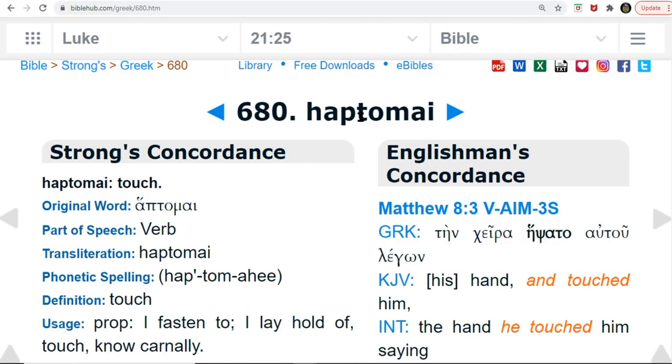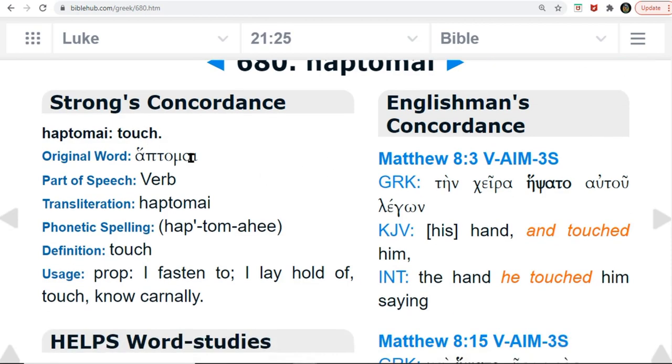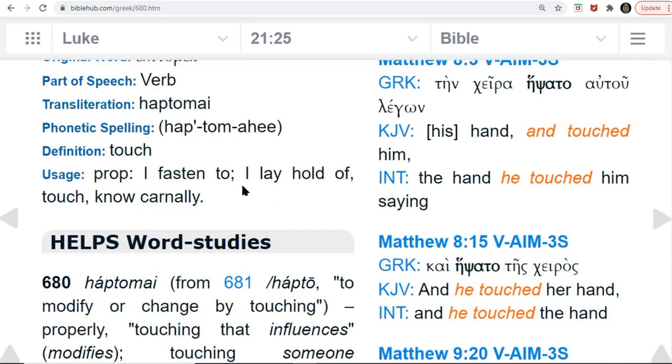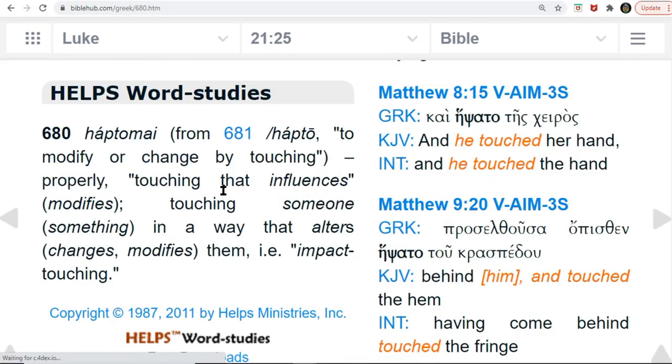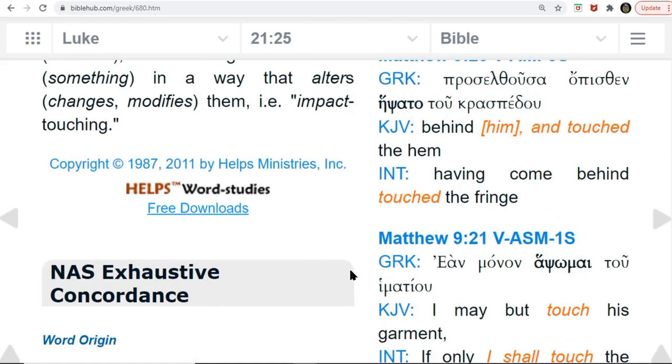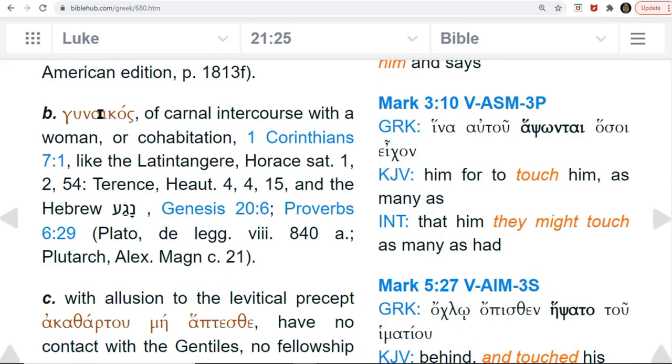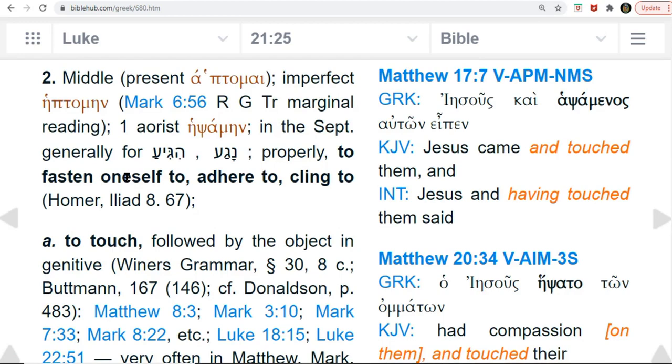And they say this word is base word haptomē, meaning to touch, to fasten to, to lay hold of, or to know carnally, touching that influences, and touching someone or something in a way that alters, changes, modifies them, and impact touching. But when it's with the gyna, as of carnal intercourse with a woman, or properly to fasten oneself to, adhere to, cling to, was the earlier writings of Homer.